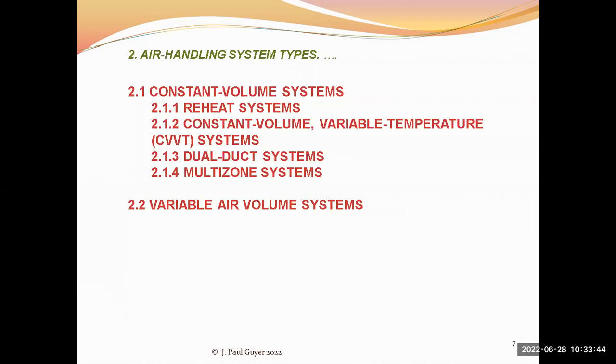The reheat systems, the constant volume variable temperature systems, the dual duct system, and then the multi-zone system. And then the variable air volume system is the system that's kind of the state of the art today and with new buildings.